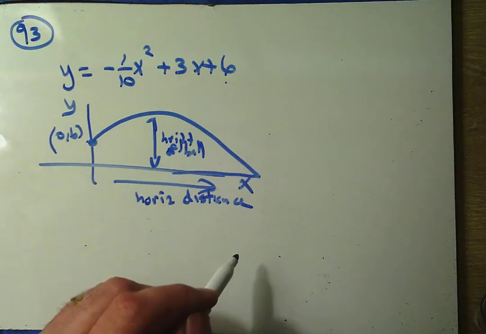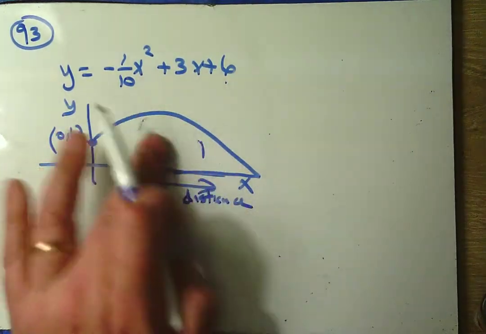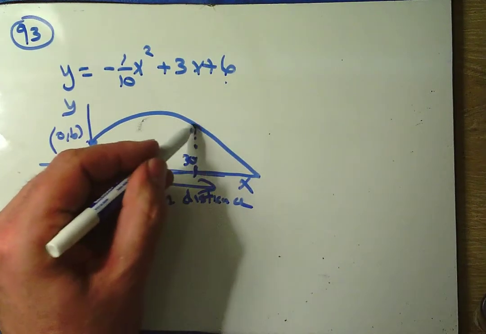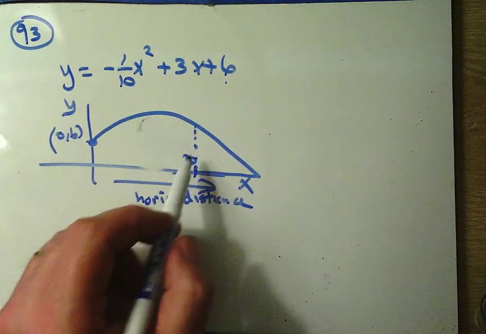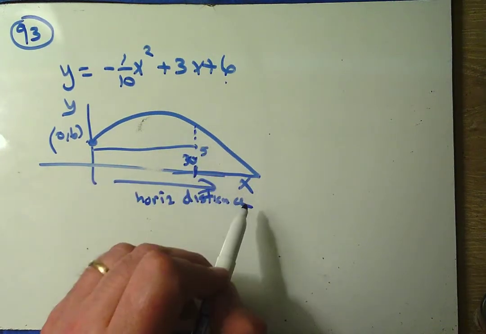Now in our problem, we're told, will the ball fly over the head of a child 30 feet away trying to catch the ball? So on my graph, I don't know where 30 is. Is 30 here? In which case, maybe that ball goes over the head of the 5-foot tall child.